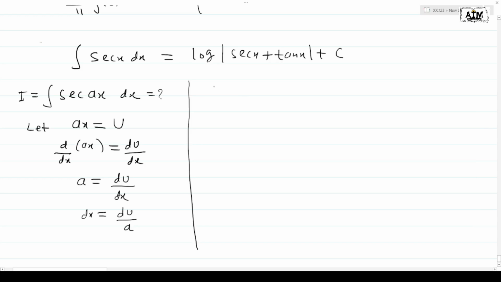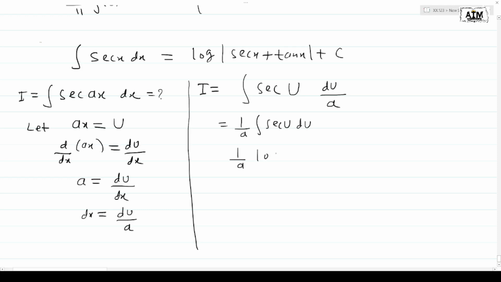Now I equals integration of sec. In place of ax write u, and in place of dx write du upon a. 1 upon a is taken common. Integration of sec u with respect to u, times 1 upon a.